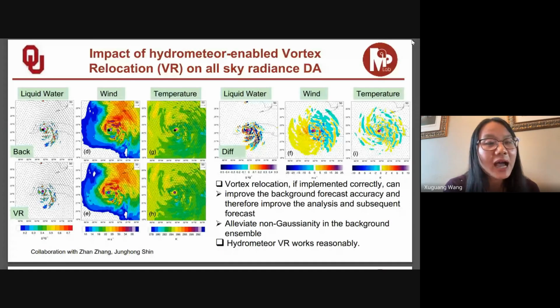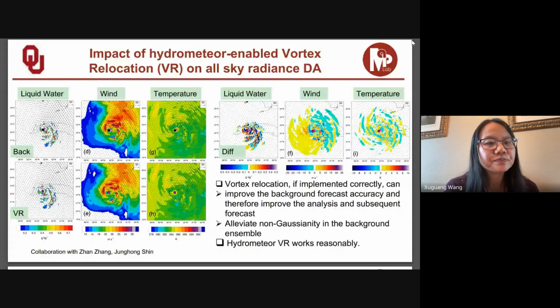But for cloudy radiance DA, we need to relocate hydrometeors as well because we're updating hydrometeors. So we're working on integrating the hydrometeor-enabled vortex relocation that was developed by EMC into the all-sky radiance DA workflow. We're still working on it, but so far the VR component seems to be working reasonably, but we need to test that in the DA cycling mode as well.